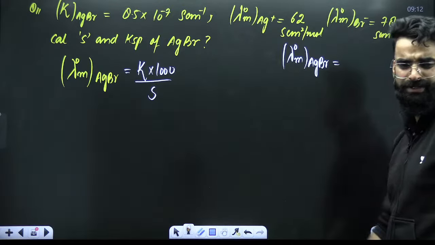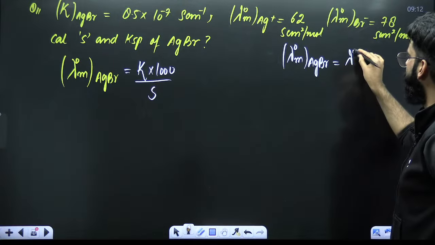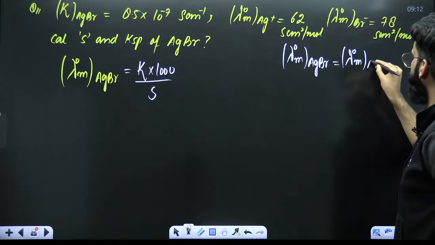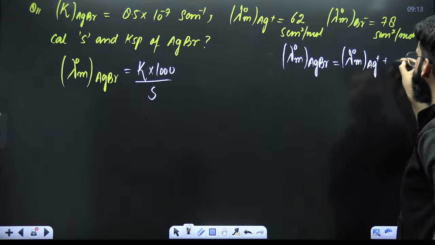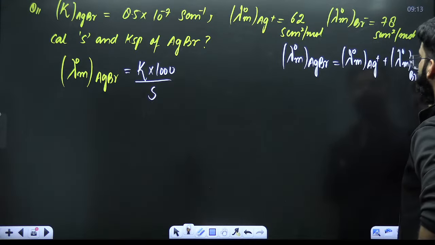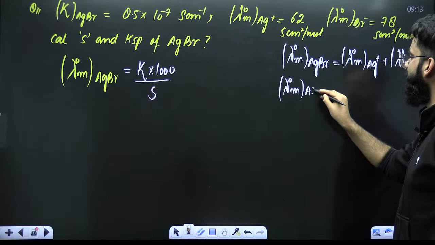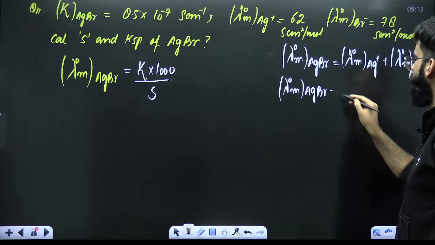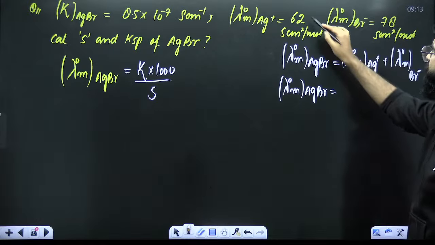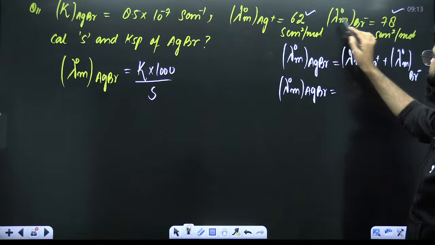But I can use Kohlrausch's law. I can say molar conductivity at infinite dilution of AgBr is basically molar conductivity at infinite dilution of Ag positive plus molar conductivity at infinite dilution of Br negative. Perfect. Molar conductivity at infinite dilution for AgBr has to be equal to 62 plus 78.